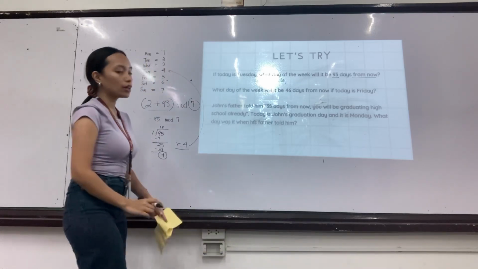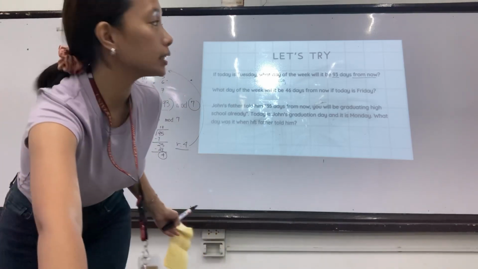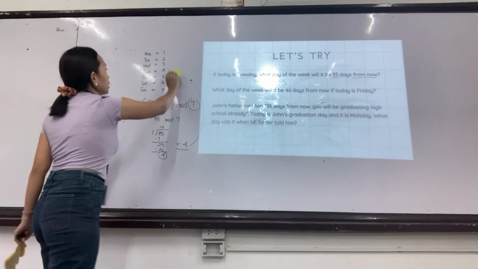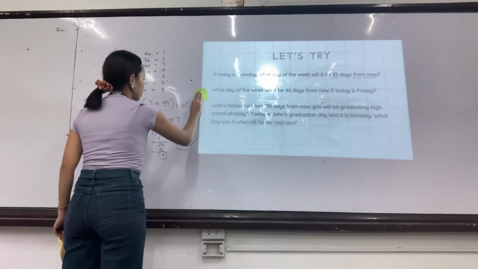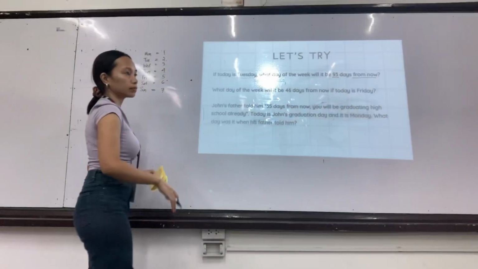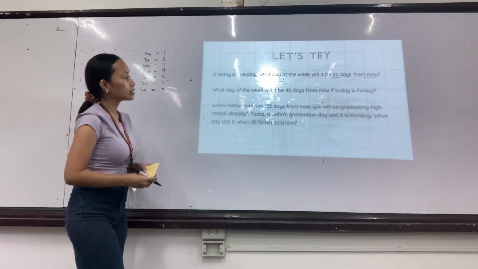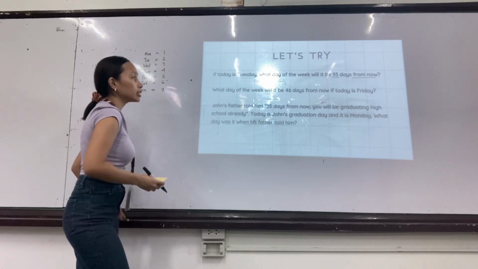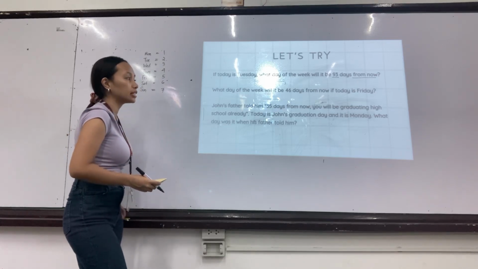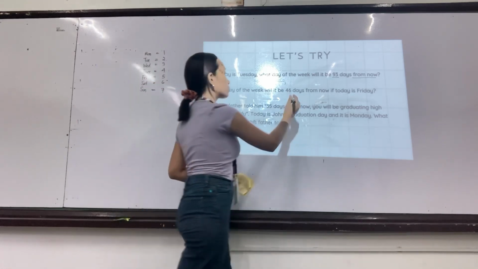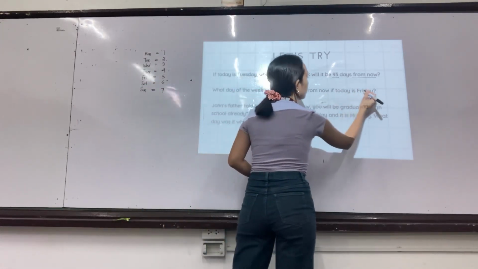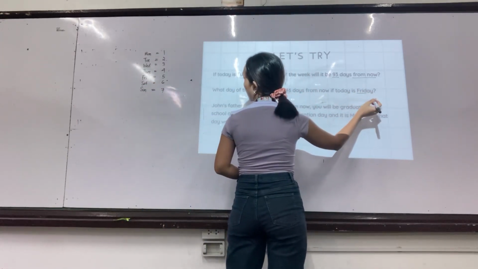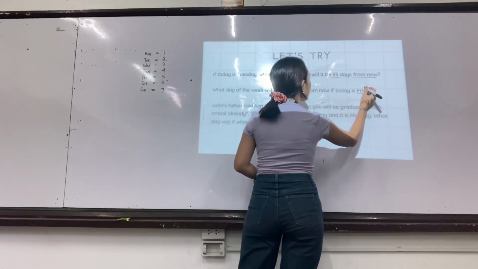Next, what day of the week will it be 46 days from now if today is Friday? So for number 2, it says what day of the week will it be 46 days from now if today is Friday? So the given here is 46, and Friday, which is denoted by 5, okay?